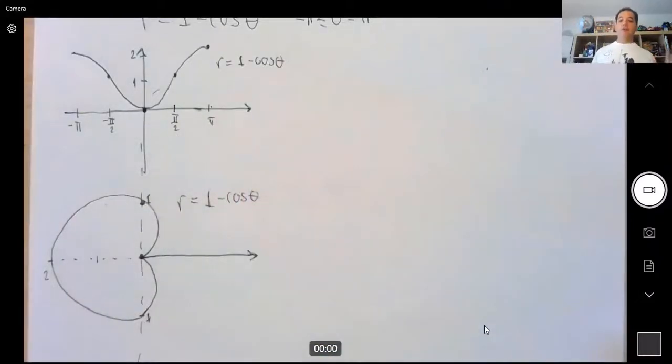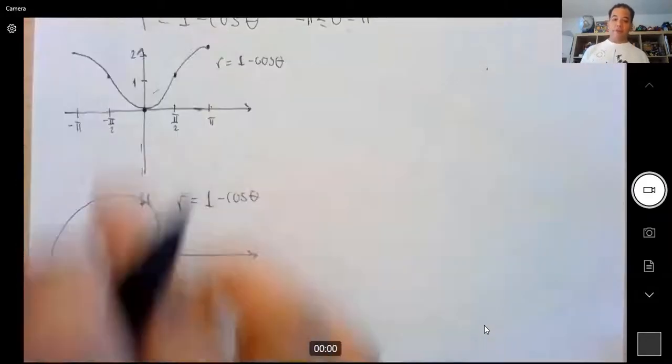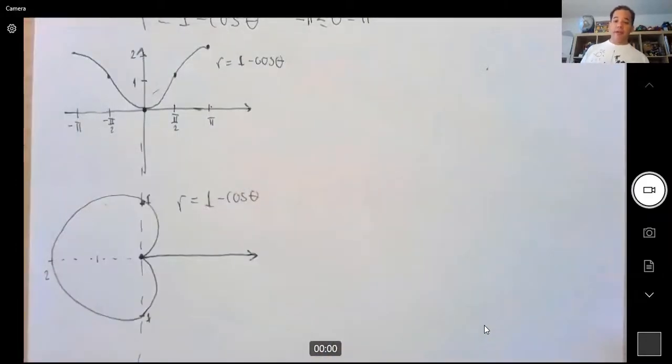Okay, now this was not part of the problem, but I wanted to give you a little bit of practice about how to sketch a graph in case you need to figure out how it looks. So now to figure out the slopes, we need to find out horizontal and vertical tangent lines. In other words, where the slope is 0 or where the slope is undefined because we're dividing a number by 0.